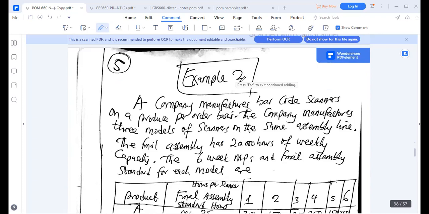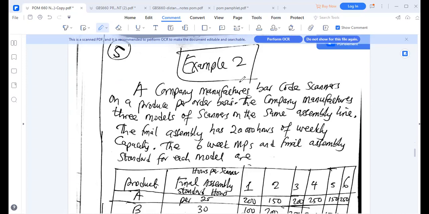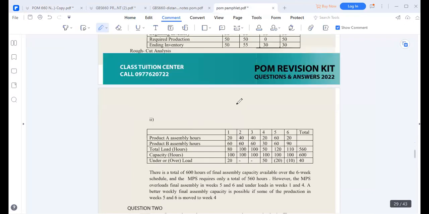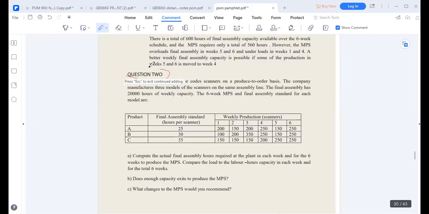This is question 2, on the same topic, the master production schedule. A company manufactures barcode scanners on a produce-as-per-order basis. This is very important that we need to understand.